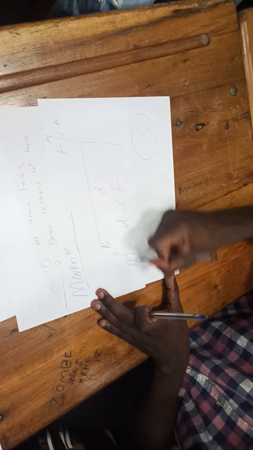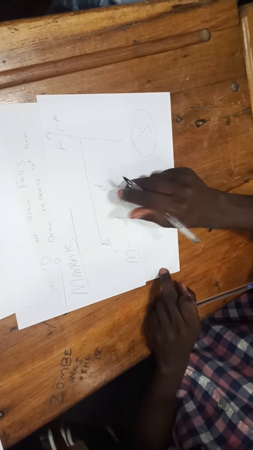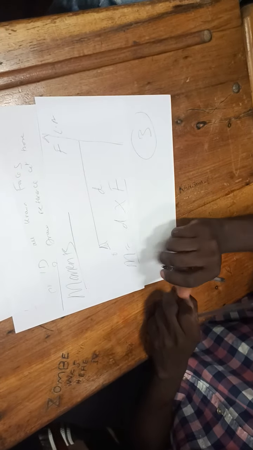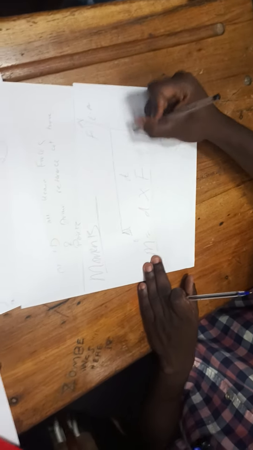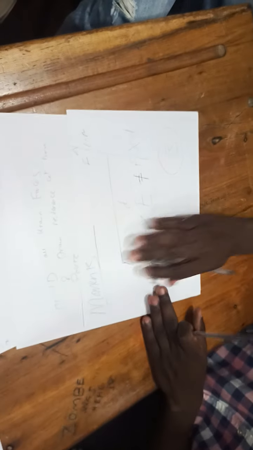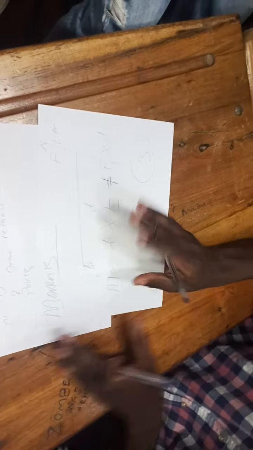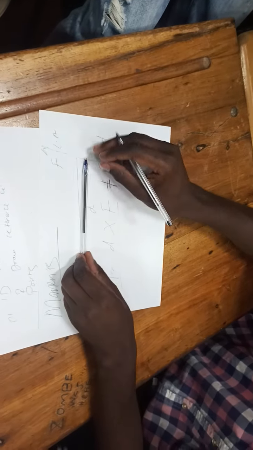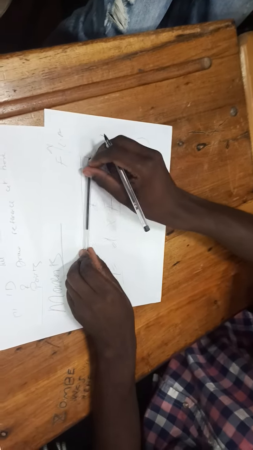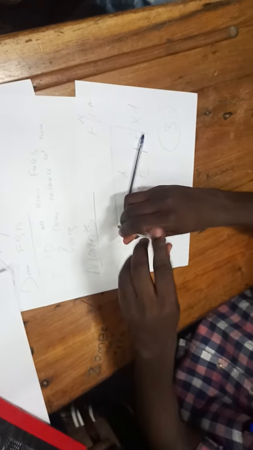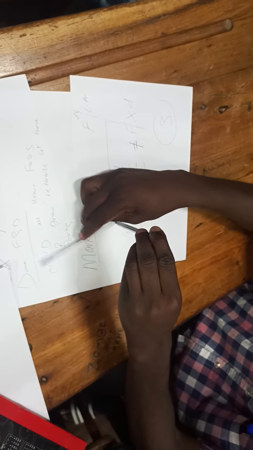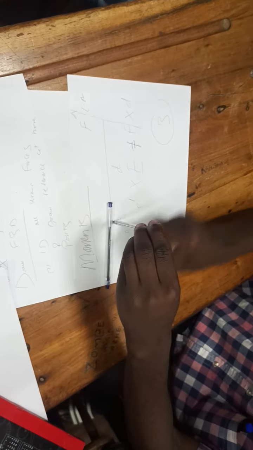But I prefer writing it in this way because when we apply vectors, we need this multiplication sign and we need this order, because these two are not equal. Always remember that. This is a distance and I'm applying a force. What's happening? There's a rotation. The rotation is around which axis? This black pen, right?